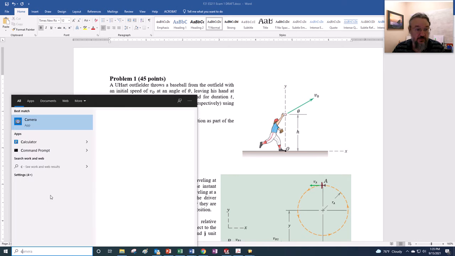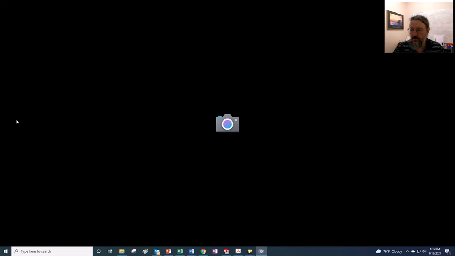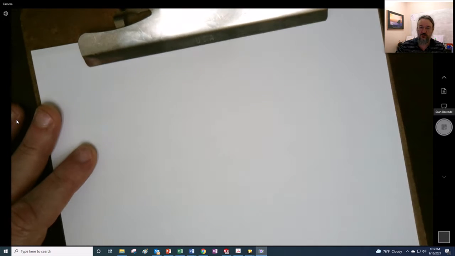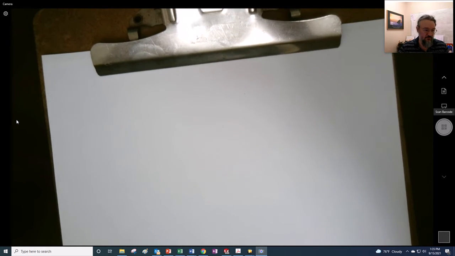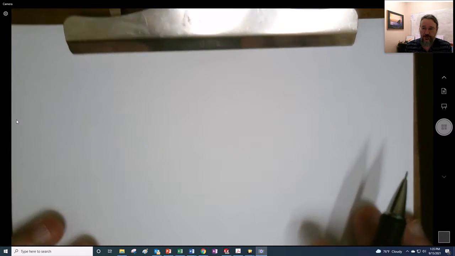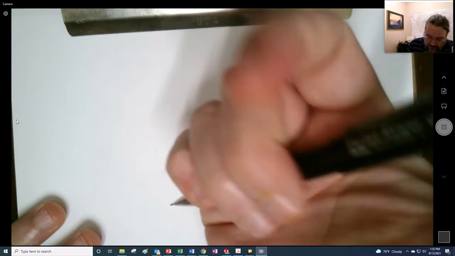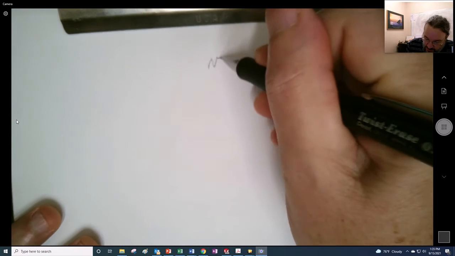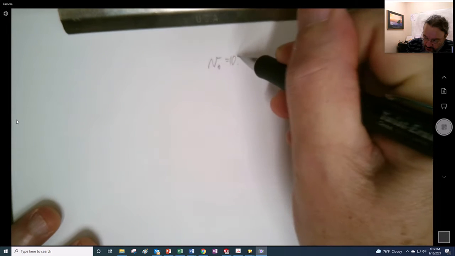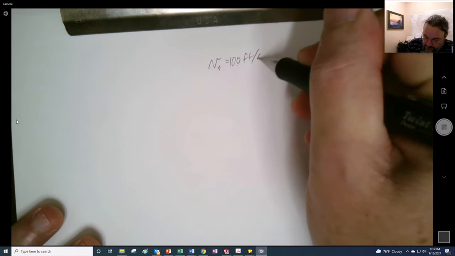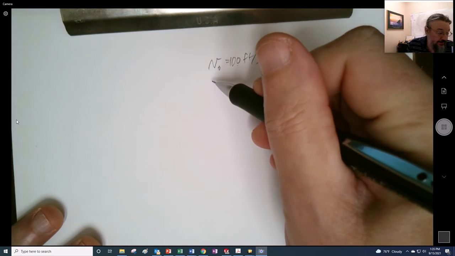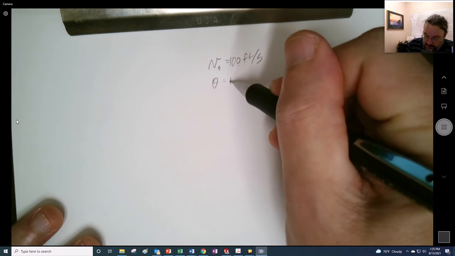So let me turn my document camera on, let's see if it'll work. There you go. For mine, I'm going to use the given information: 100 feet per second and a theta of 30 degrees.